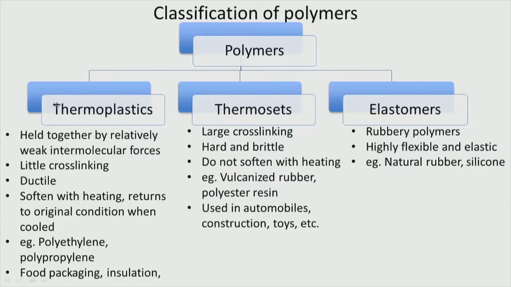So, the polymers are classified originally as thermoplastics, thermosets and elastomers. Thermoplastics are held together by relatively weak intermolecular forces. They have little cross linking and they are ductile. They soften with heating and when we cool them, they return to their original condition.